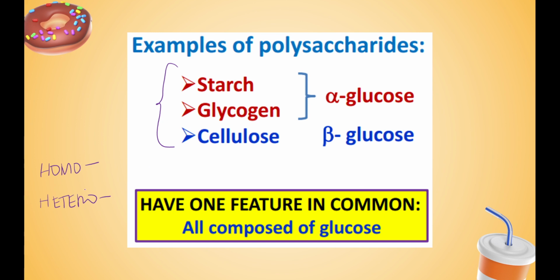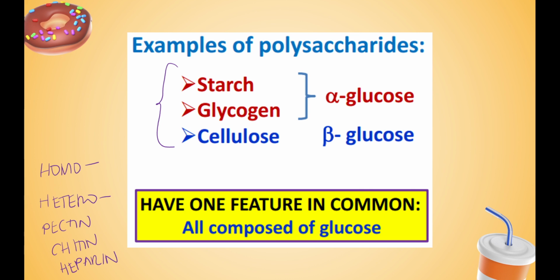An example of your heteropolysaccharide would be your pectin, your chitin, and your heparin. So again, in layman's terms, heteropolysaccharides are not purely of one kind of monosaccharide. It is a combination of a non-carbohydrate, a derivative of your carbohydrate, and such.